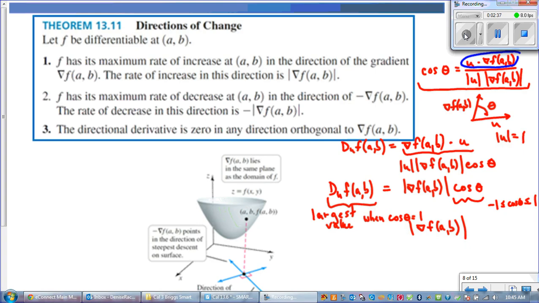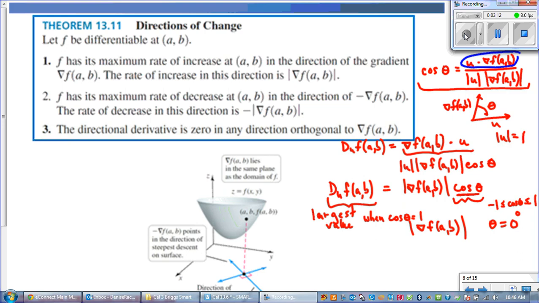What that means is that the largest rate of change in z will be if we're moving in the direction that makes cosine of theta 1. Well, let's see, if cosine of theta is 1, that means that theta is equal to 0 degrees. So we're moving in a direction that is the gradient.